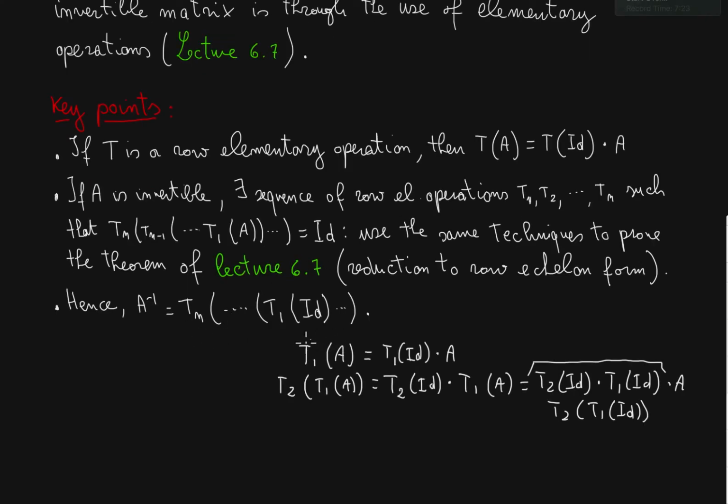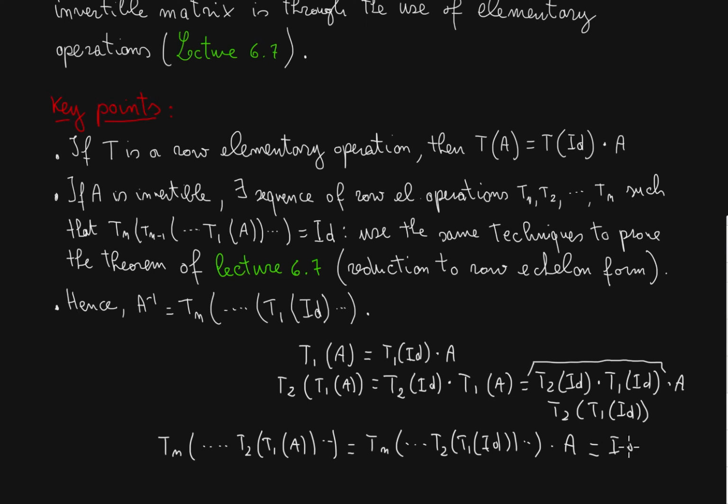So recursively applying this argument, we eventually end up with the following: Tn applied to ... T2 applied to T1 applied to A is equal to Tn applied to ... T2 applied to T1 applied to the identity matrix, times A. Now using point 2, we know that this is equal to the identity matrix.